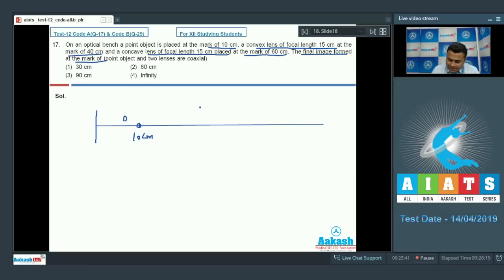At the mark of 40 cm, a convex lens of focal length 15 cm is kept. This is the mark of 40 cm. And at the mark of 60 cm, a concave lens of focal length 15 cm is kept. Now where the final image will be formed.